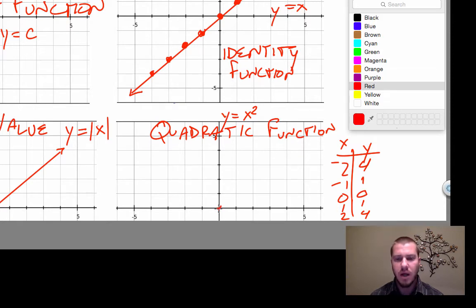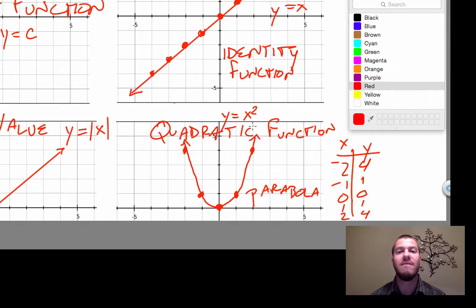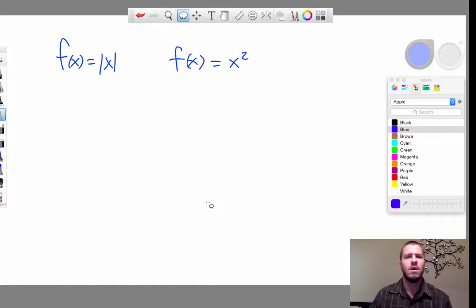So when I go to plot these, I have 0, 0, 1, 1, negative 1, positive 1, 2, 4, negative 2, positive 4. And it should look like this. Let me try to draw straight. And this is going to be a parabola. A parabola is a graph of a quadratic function.